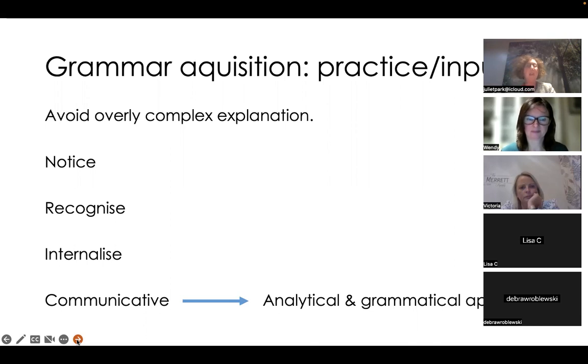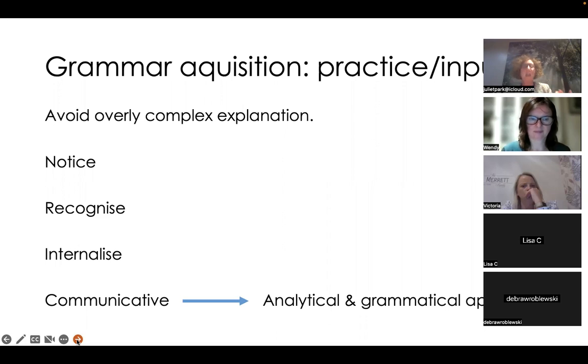Now, sometimes, as you'll see as we're going through the resources this evening, what we want children to do is to notice things before we start getting them to really explicitly discuss and explain and use grammar components. So sometimes, for example, in year 3, we introduce some grammar components in stories, for example, or songs, but we won't necessarily focus on the teaching of it.